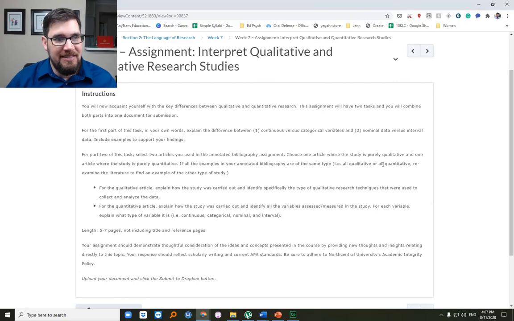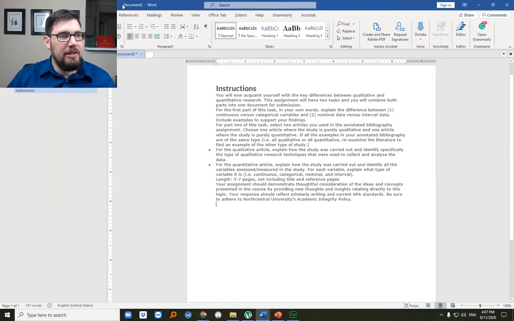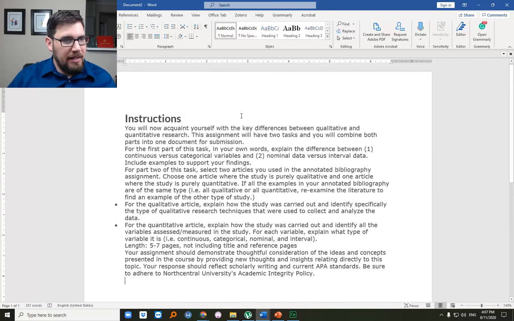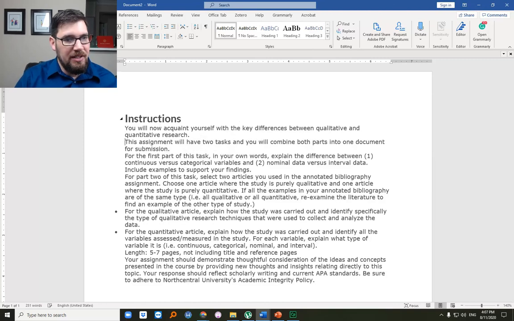Here we have an assignment to interpret qualitative and quantitative research studies. So I've copied all this text and I'm going to pull it over into a Word document. Let's blow it up a little bit and start deconstructing what you need to do. You'll now acquaint yourself with the key differences between qualitative and quantitative research.